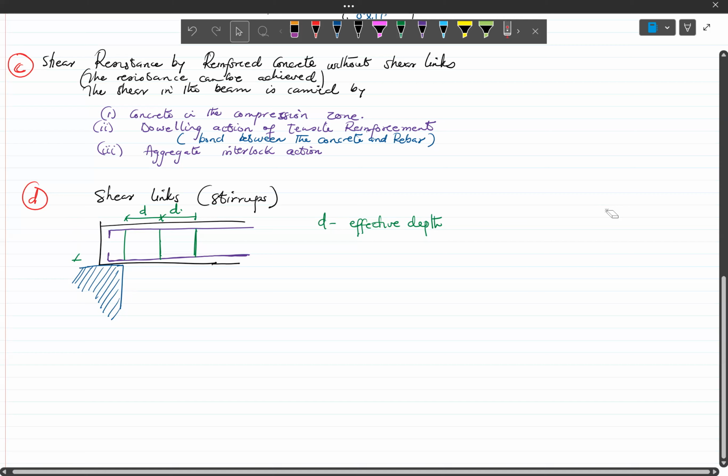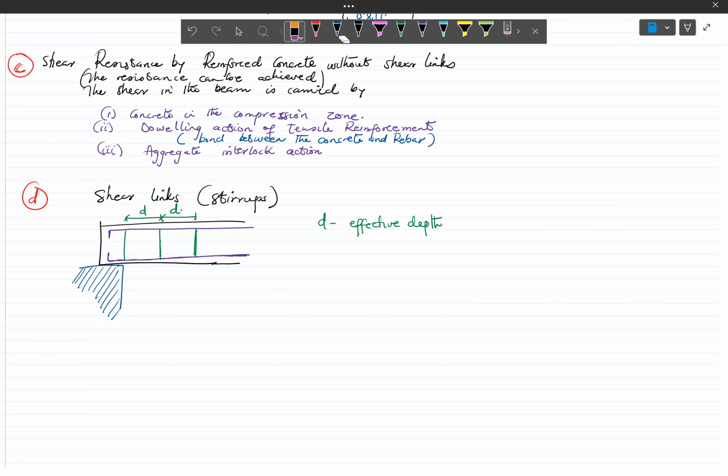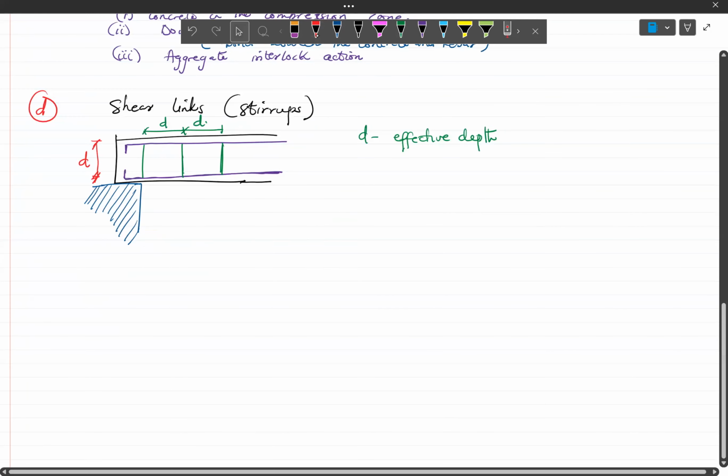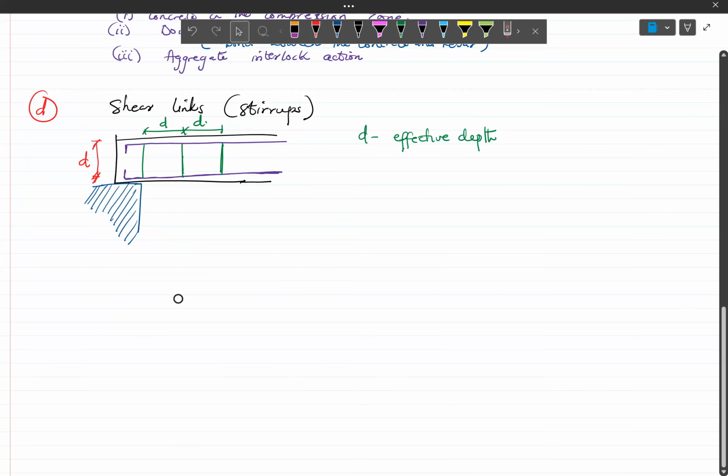Let me change the color so that it makes some sense to us. So this is D again, all right, as we are used to. And then we have at this point the shear force V, or the reaction V, which is pretty much how we calculate our shear force. Okay.